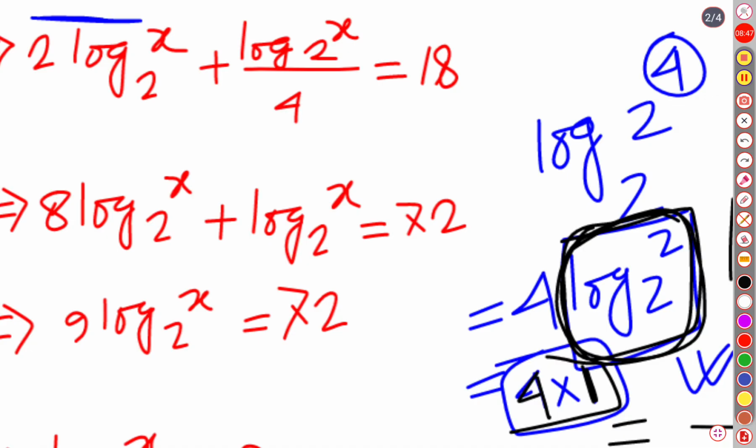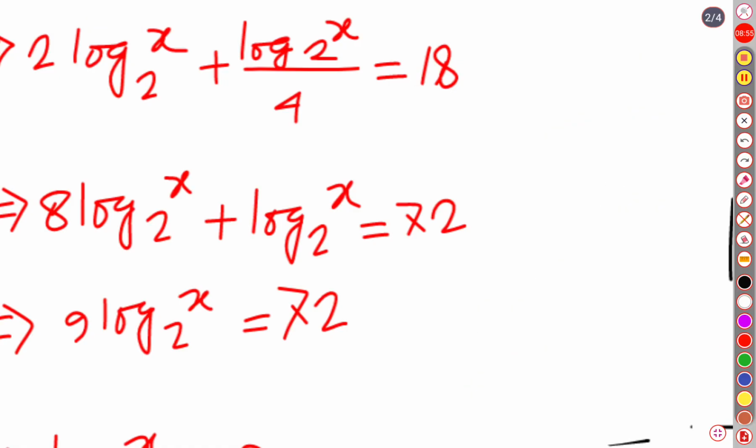Let me erase these unnecessary parts. Since this is an equation and there is a denominator of 4, let's multiply every quantity by 4. If we multiply these by 4, 4 twos are 8. Here the 4 will cancel out this 4.